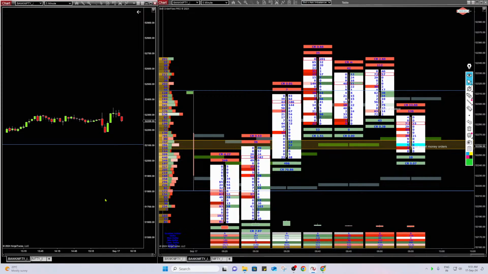I am expecting the next candle to reverse to green, and I am expecting the market to go up. This is based on my experience, and we will see what happens.